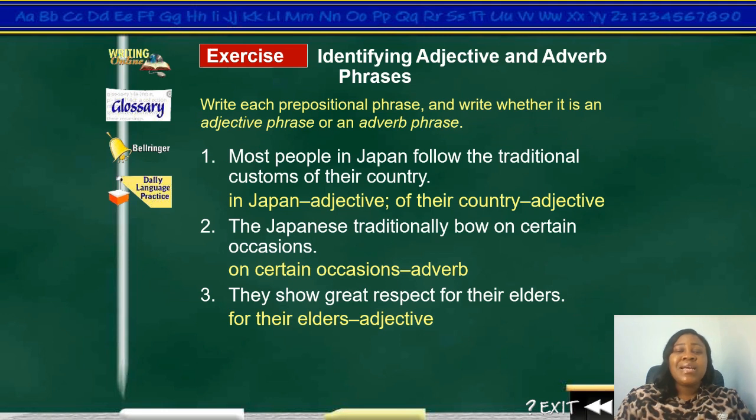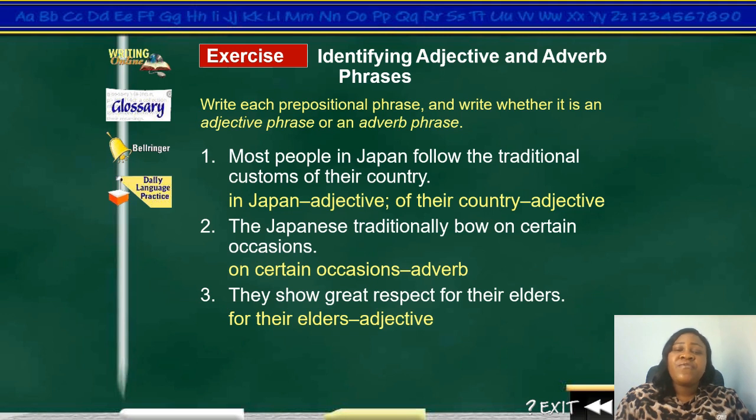Now let's try this. Write each prepositional phrase and write whether it is an adjective phrase or an adverb phrase. Number 1. Most people in Japan follow the traditional costumes of their country. In this sentence, we have two adjective phrases.